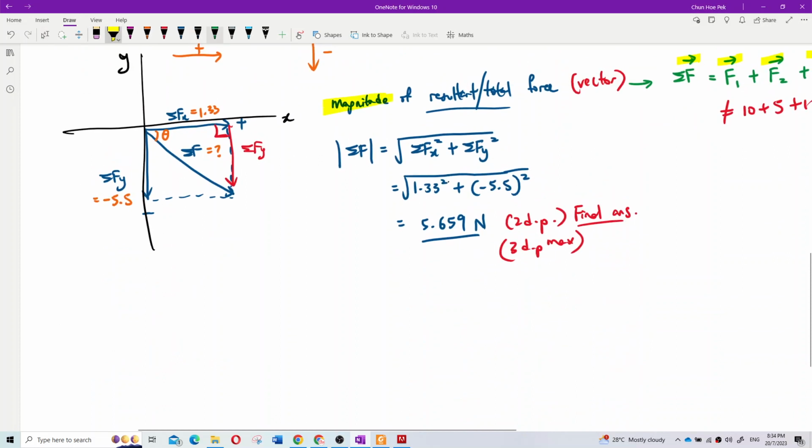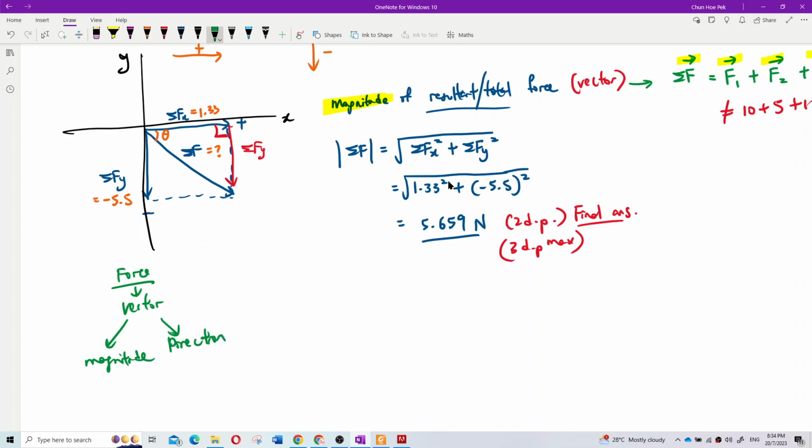Because we know that force is a vector, and a vector has both magnitude and direction. So to describe a vector, we need to give both the magnitude and the direction.